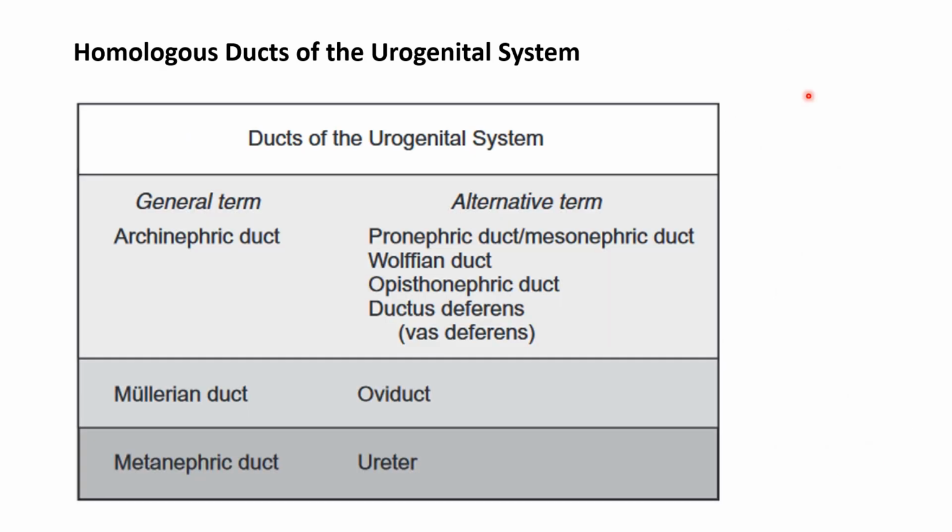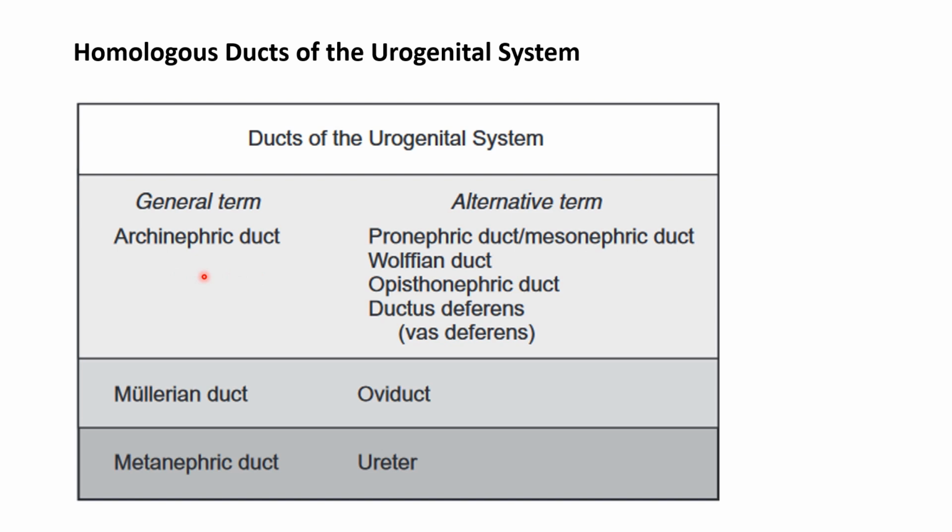So the homologous structures in the urogenital system are given a variety of names in anatomy manuals, reflecting their current function, which makes it rather difficult to appreciate their homologies and definitely confuses a lot of students. So, for example, recall that the term archinephric duct is that primitive tube that drains the kidneys of vertebrates.